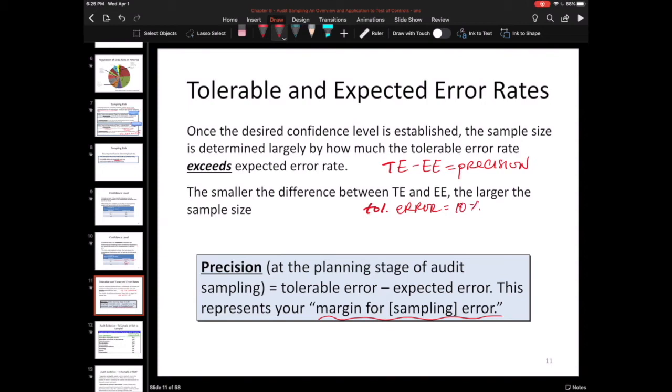So 10% of the apples can be bad. Now, let's say historically about 2% of the apples have been bad, give or take 2%, right? So there's some range between 0% and 4%. So you expect it to be 2%, give or take 2%.